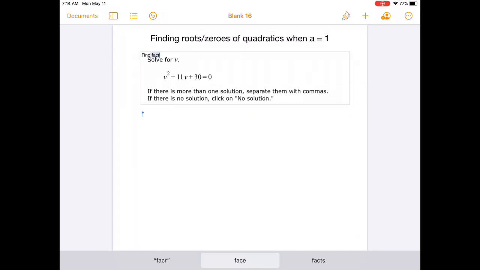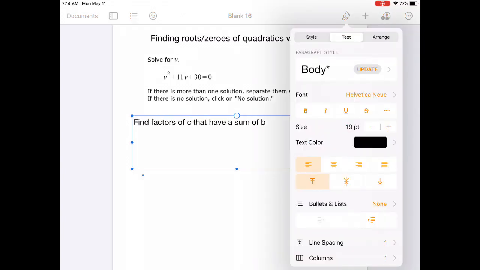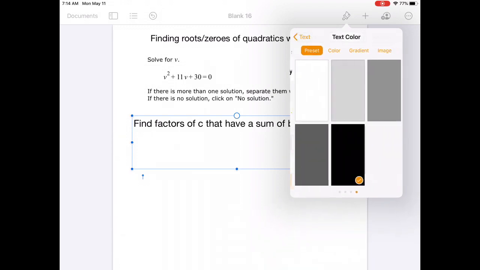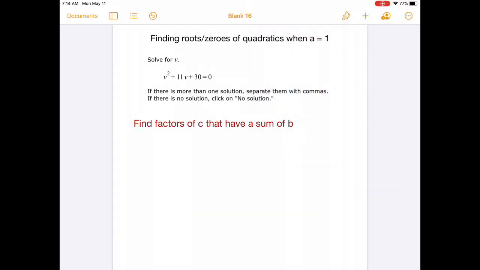Find factors of c that have a sum of b. I'll make it a little bit larger and change its color so it stands out and we know what we're looking at the whole time.